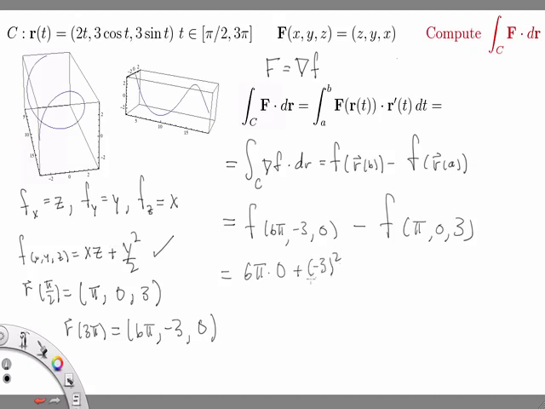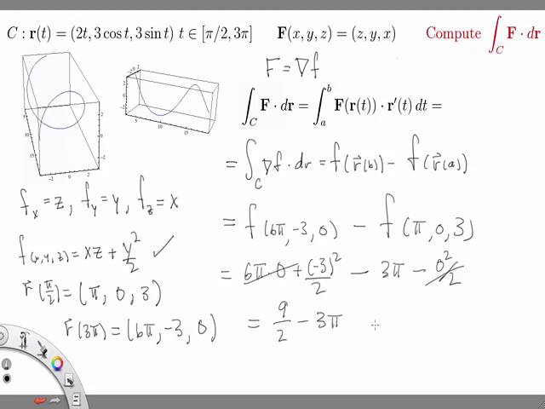So negative 3 squared over 2, and then minus, and then I get pi times 3, so 3 pi, and then minus 0 squared over 2. Okay, so now we're just simplifying, so we lose this term, and I get 9 over 2 minus 3 pi.